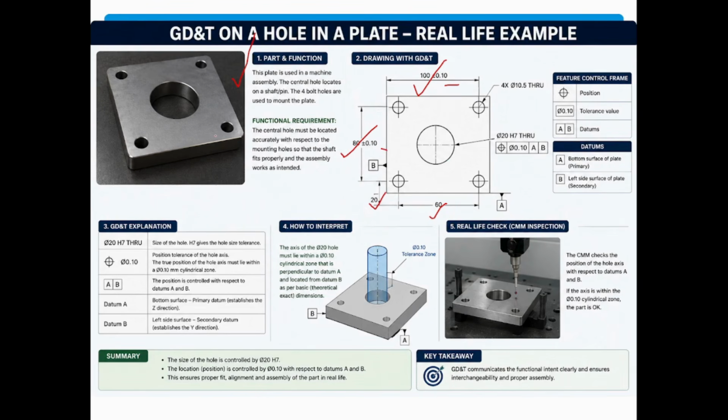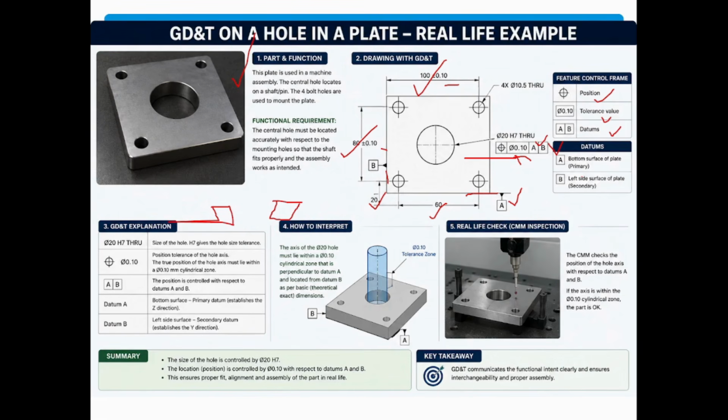As I've told you, the square is acceptable and the parallelogram is also acceptable in such a case. So you give this surface as datum A and this surface as datum B, and then position the hole, so that this hole diameter of 0.1 should be at the position with respect to A and B. So this is the positional tolerance, this is the tolerance value, and these are the datums that we have just discussed.